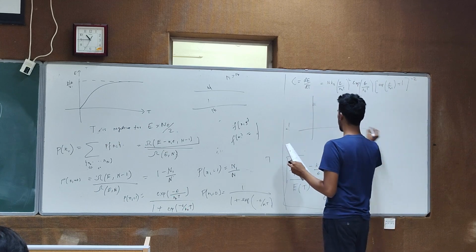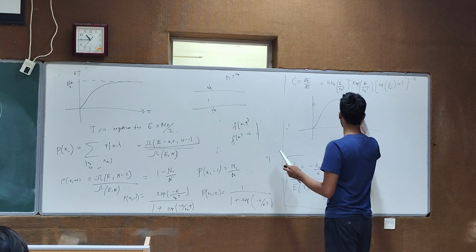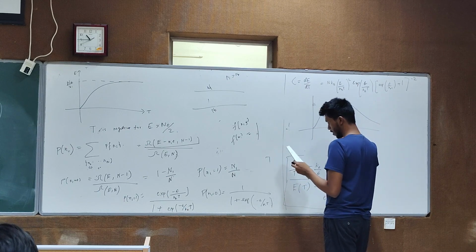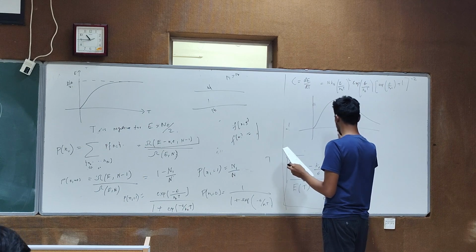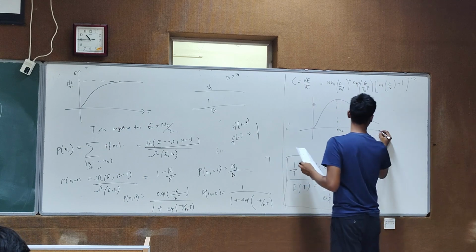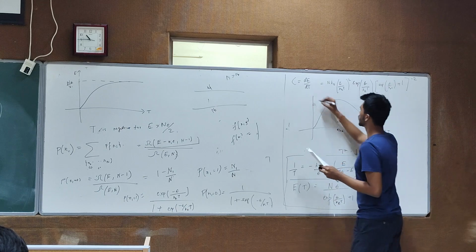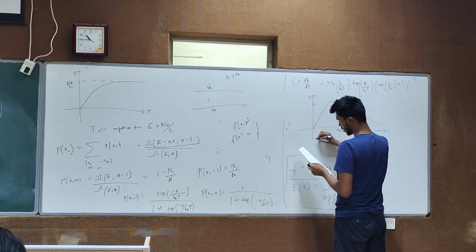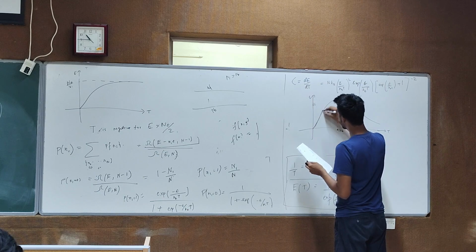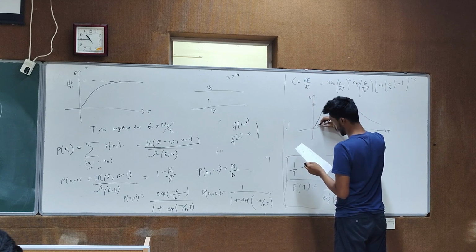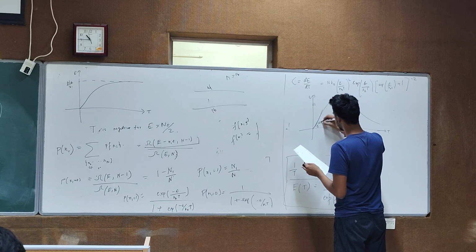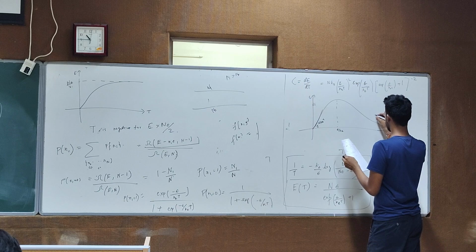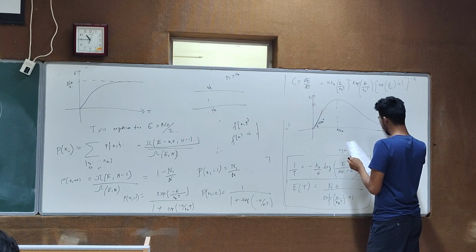So this guy looks like this. The maxima happens at E by epsilon. And the initial curve looks asymptotically like this. And finally, it shows a power law decay.